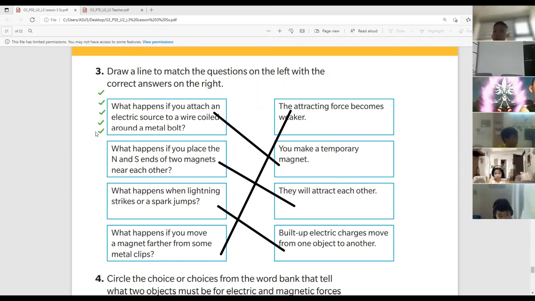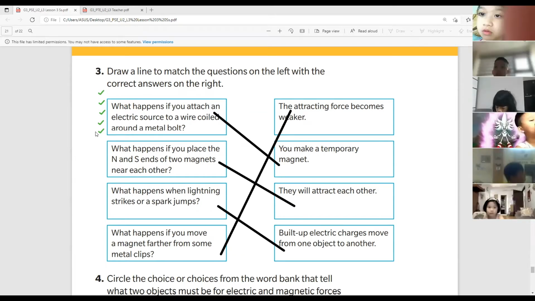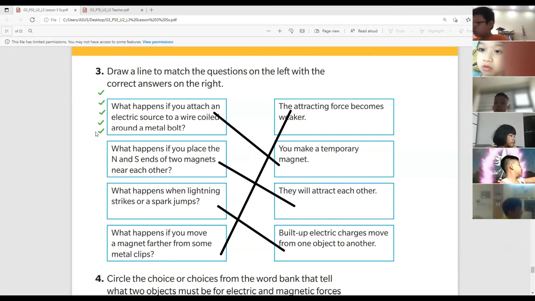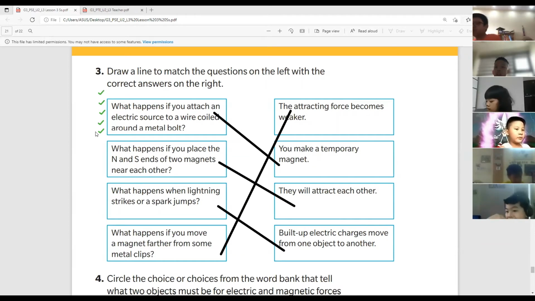Okay, who can read the next one? Moon, can you read the next one for us? What happens if you place the S and N of two magnets near each other? Okay, and where does our line go? They will attract each other. Yeah, why are they going to attract?